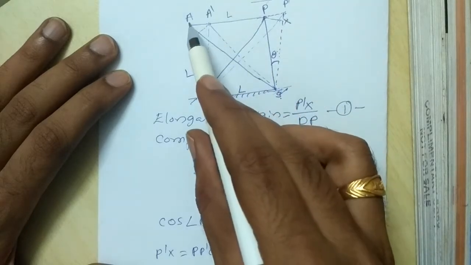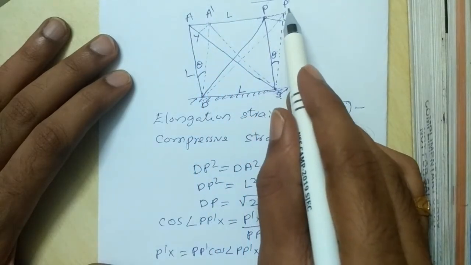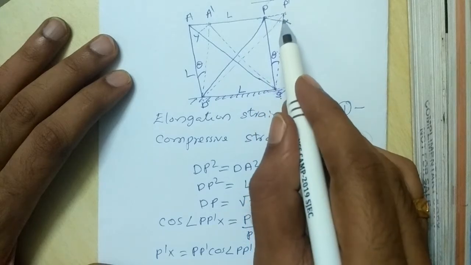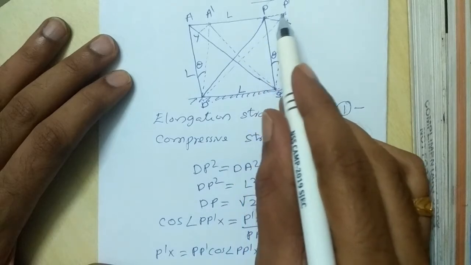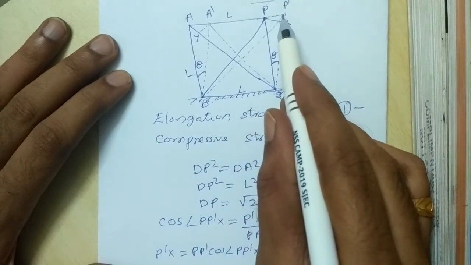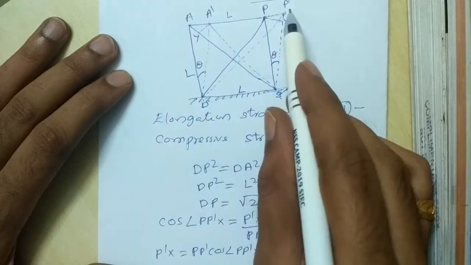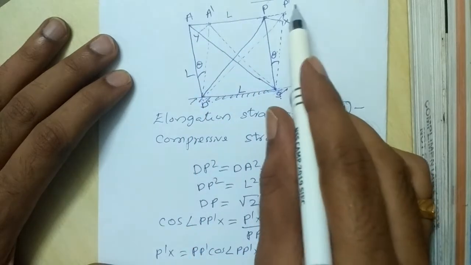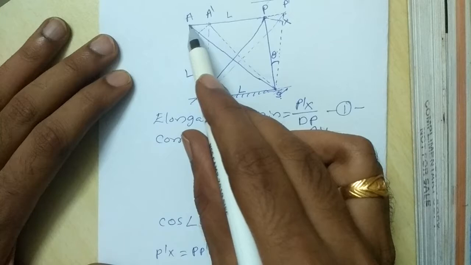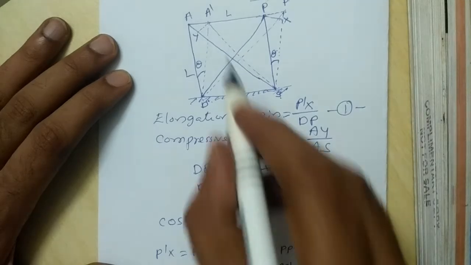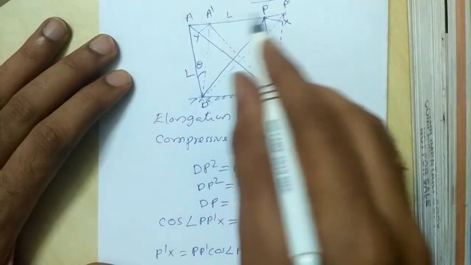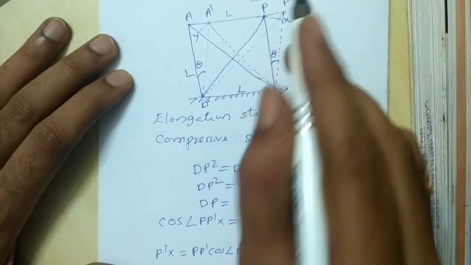So that is the same as angle AP dash X, that is angle AP dash D. Since this increment in the length, the extension, is very small, this angle AP dash D or AP dash X is almost equal to angle APD. So cos angle APD, since this angle is 90 degrees, this will be equal to 45 degrees.